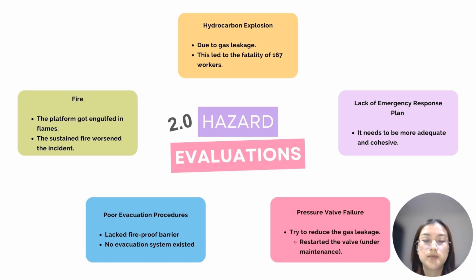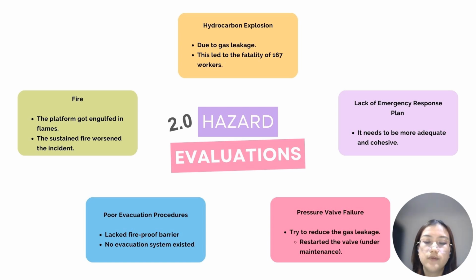I'm Sonia Robin. My matrix number is 76877, and I'll be presenting hazard evaluations. The first hazard is hydrocarbon explosion, due to the gas leakage, and this led to the fatality of 167 workers. Secondly is fire hazard, where the platform got engulfed in flames, and the sustained fire worsened the incident.